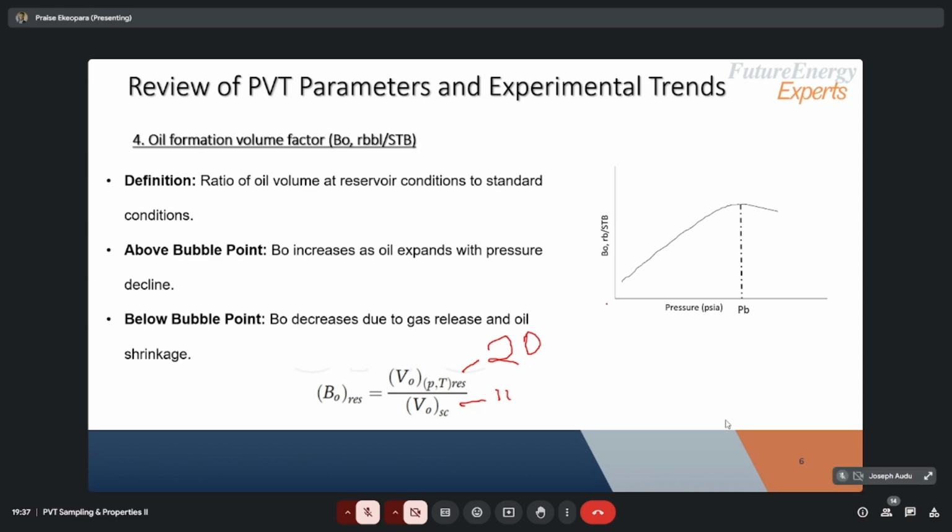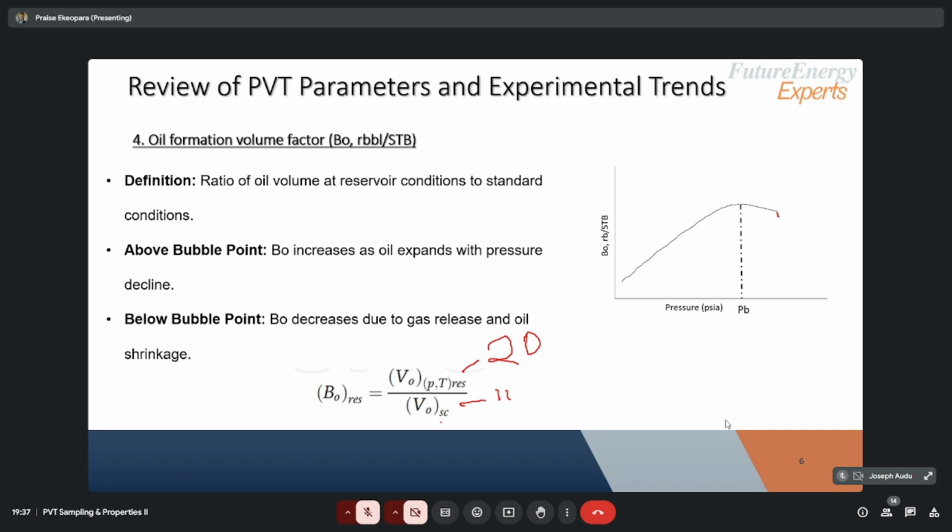So how does this BO behave with respect to pressure? At the reservoir conditions, it's usually a little bit lower than when it is at the bubble point. So it starts here. Remember what this thing is measuring, let's relate it to the formula: the reservoir volume to that of the stock tank.